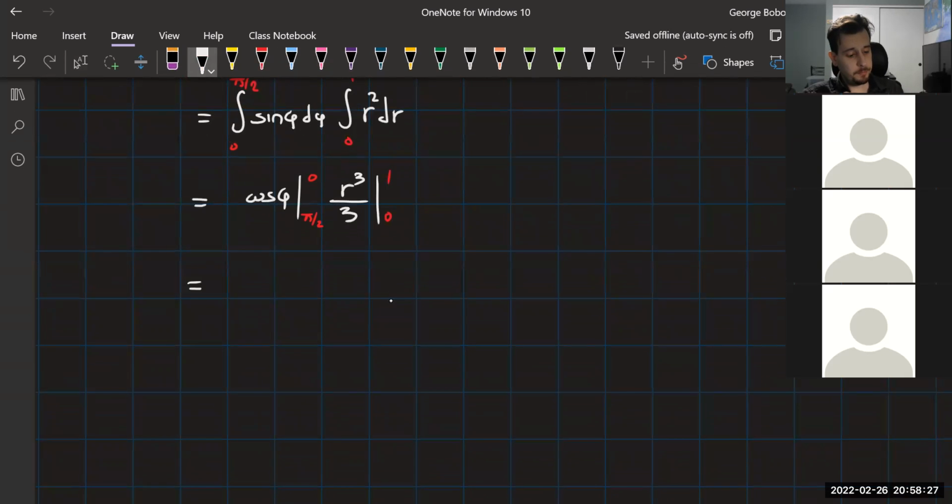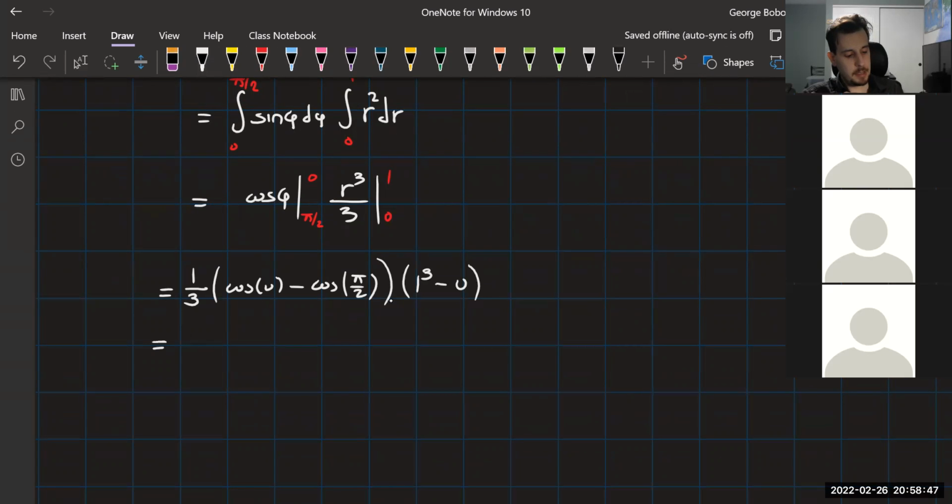I have cos of 0 minus cos pi over 2, and the 1/3 can be pulled outside of the front. The r cubed just gives you 1. Cos of 0 is 1, cos pi over 2 is 0, and you remain with 1/3, whatever the units of your coordinate system are. That's it.